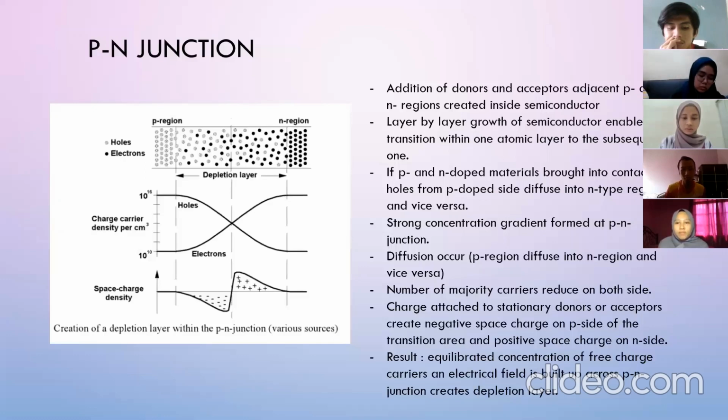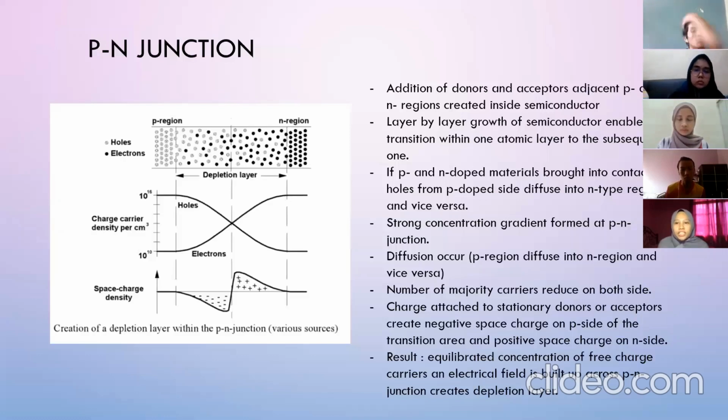So the number of majority carriers is reduced on both sides, as you can see in the second diagram: the number of holes decreases from left to right, and the number of electrons decreases from right to left.